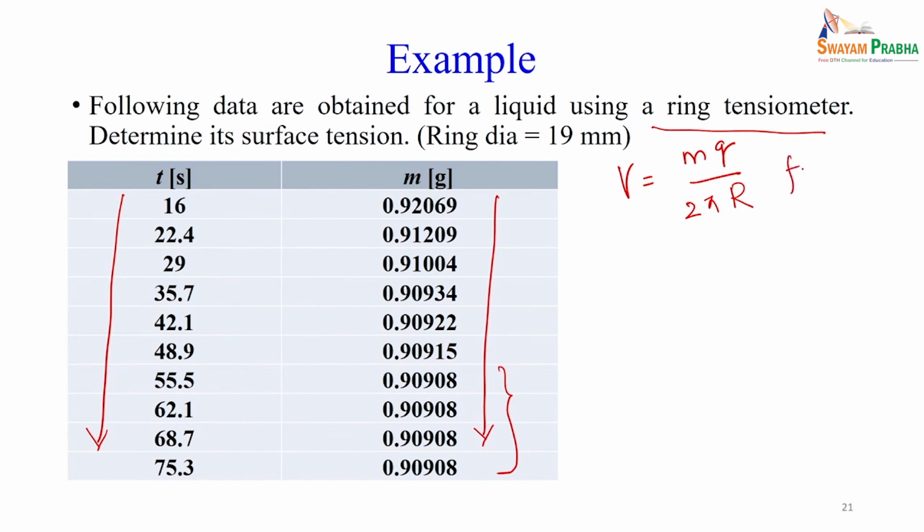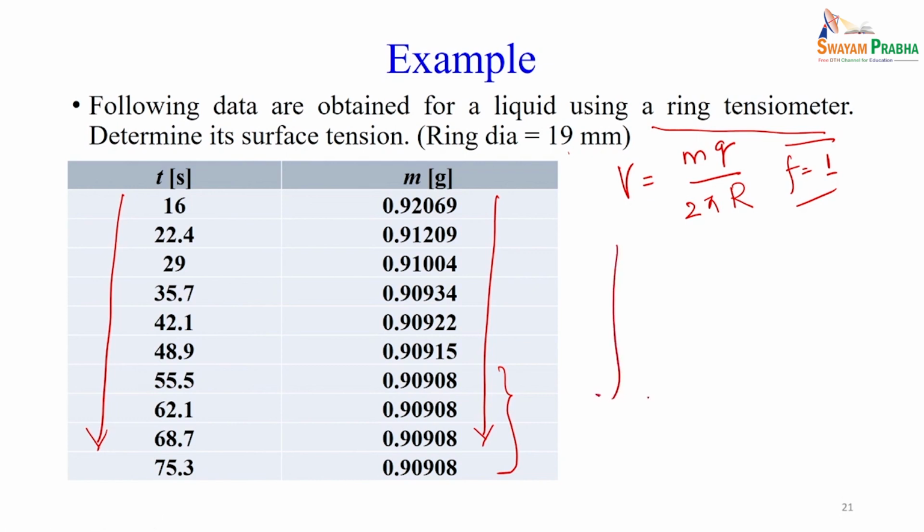Let us consider f equal to 1, because the correction factor is not given here. So, m is given as 0.92, you multiply with g, 9.81, and 2 pi r is given here, so we can easily calculate the value of the surface tension.